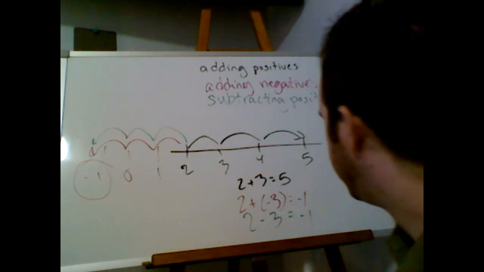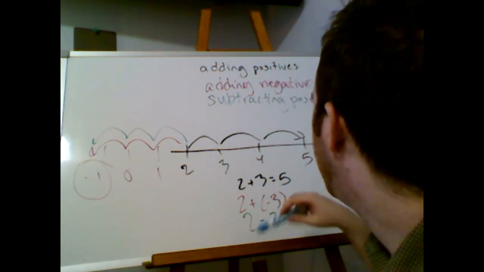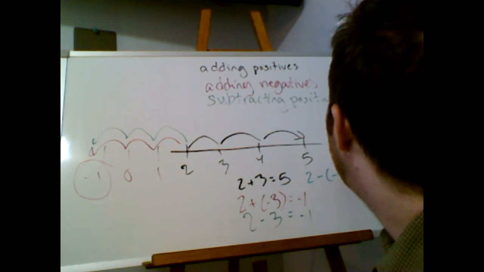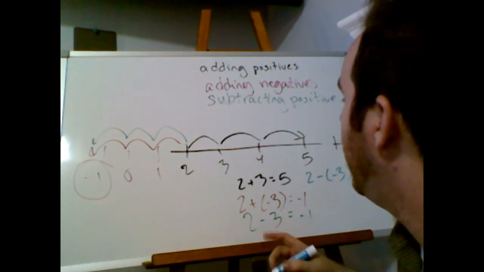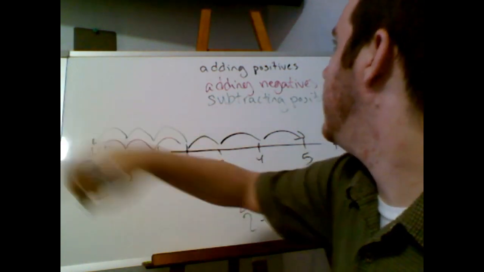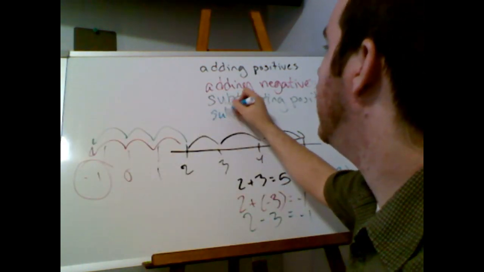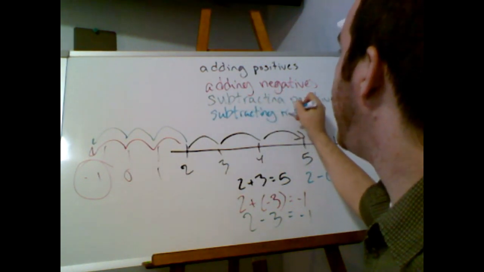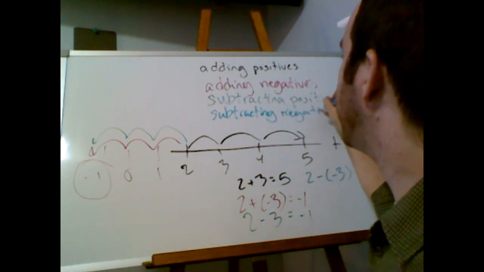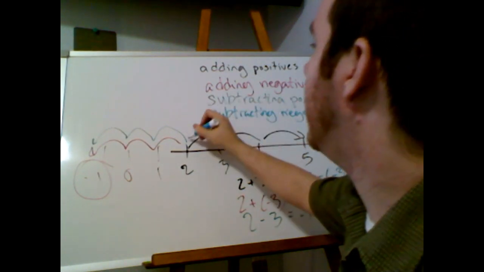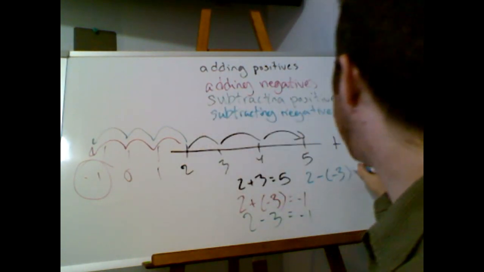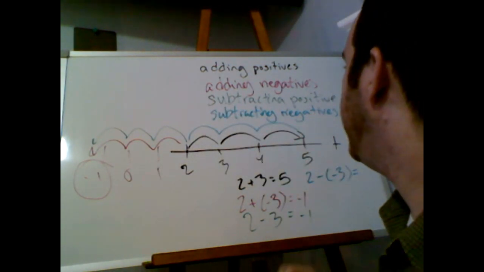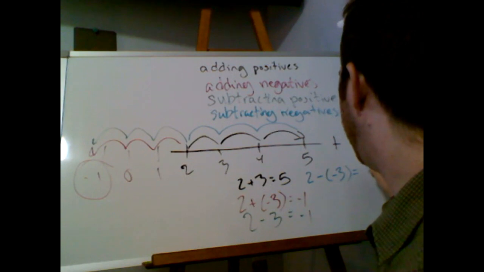Next, if you do 2 minus negative 3, where here we notice subtracting positives took us one direction, subtracting negatives will take us the other direction. So 2 minus negative 3 could take me 1, 2, 3 into the positive direction. So that's 5.